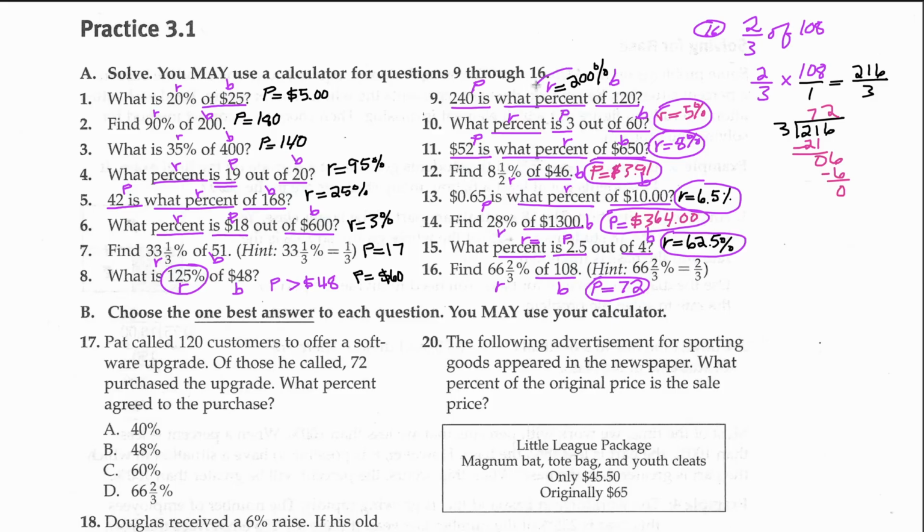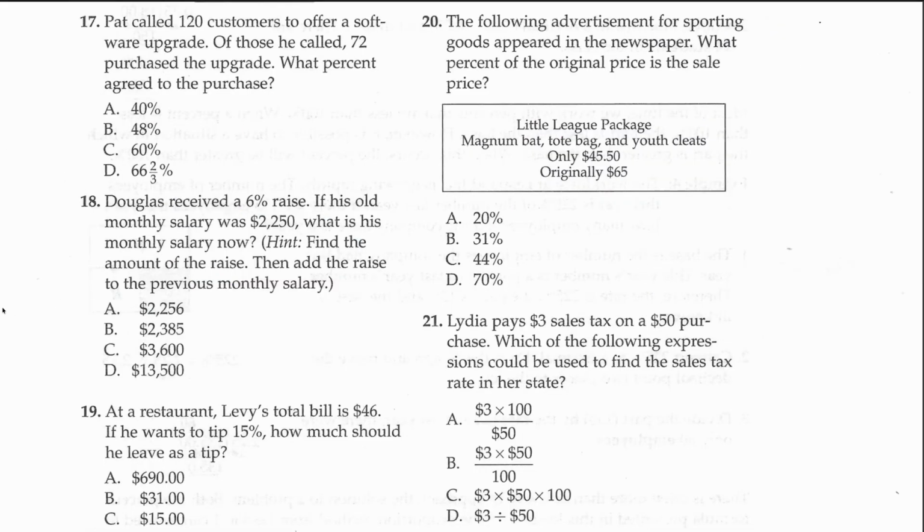R equals 200%. Number 17. Pat called 120 customers to offer a software upgrade. Of those he called, 72 purchased the upgrade. What percent agreed to the purchase?